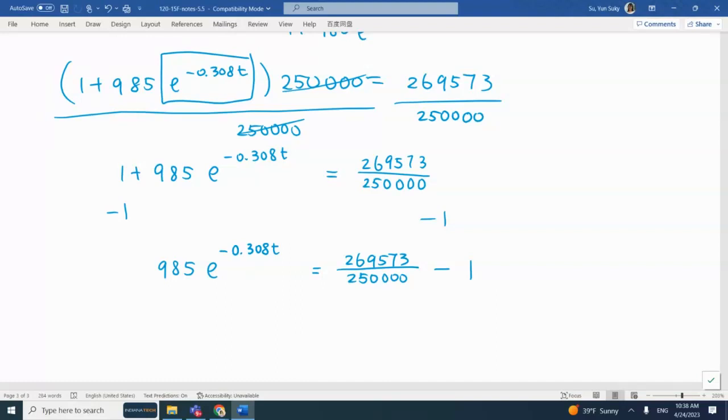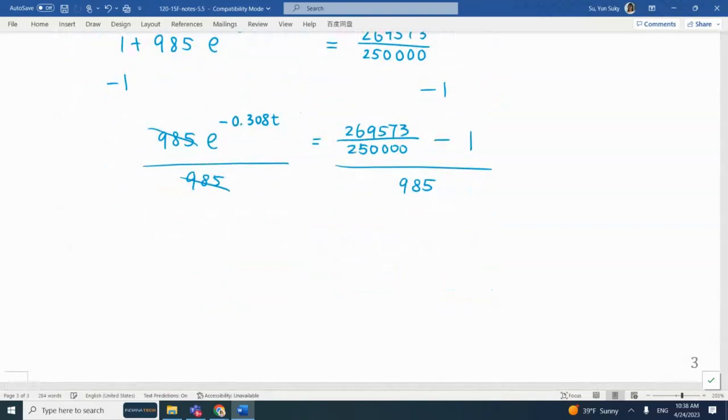Okay, now what do we do? Divide by 985. Right? So on the left hand side, you get e to the negative 0.308t equals 269573 over 250000 minus 1, divided by 985.